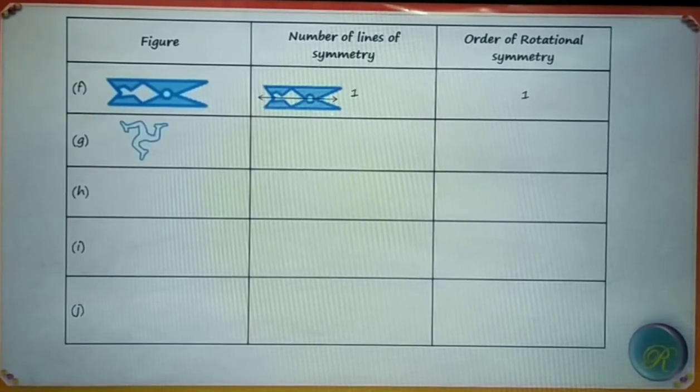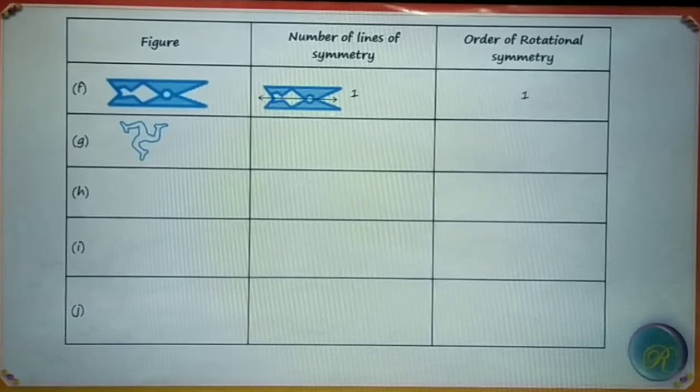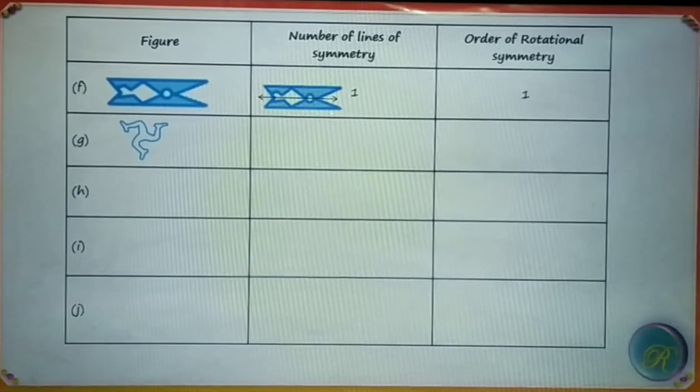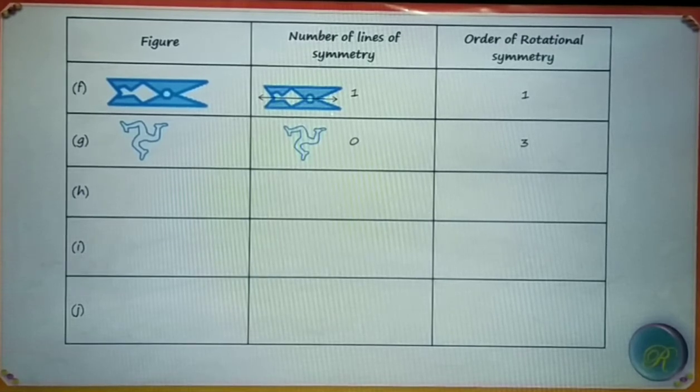Figure Z. What about number of lines of symmetry? 0. Order of rotational symmetry 3, because angle of rotation is 120 degree.